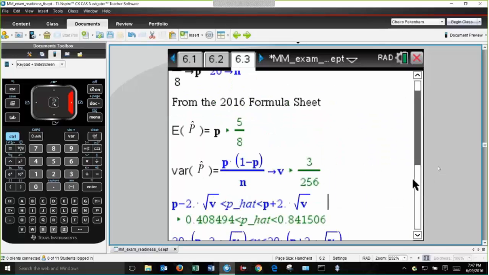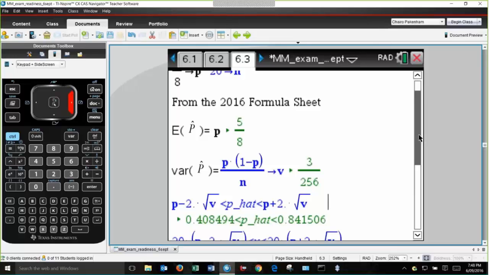Now, I want to know a probability. I don't know a lot about the probability distribution of p hat, but I know a lot about the probability distribution of x because it's binomial. And I know that p hat and x are related by n. So p hat is x divided by n, or conversely, x is n times p hat.